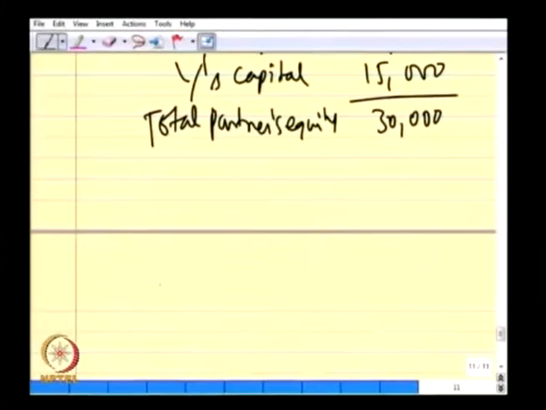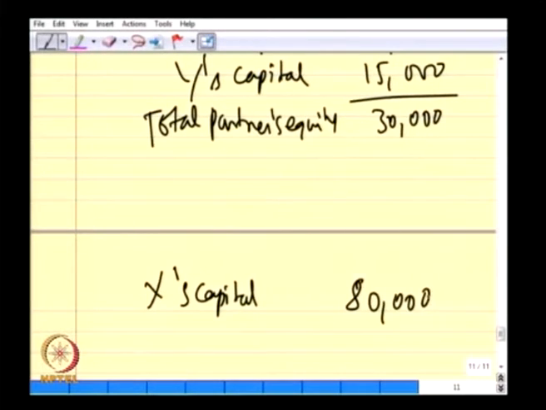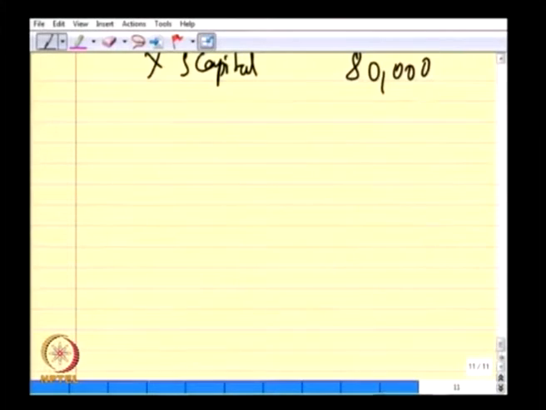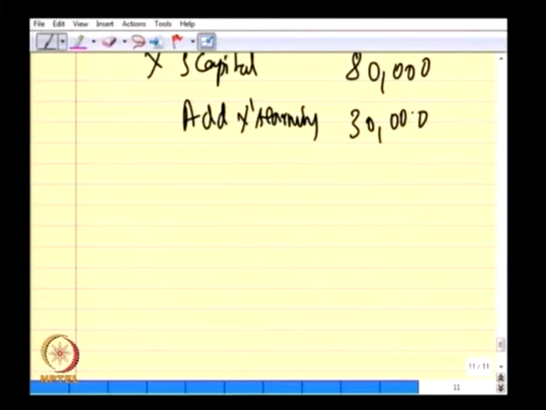Let us say X's capital beginning was 80,000, and from the entity's earnings, the portion that X should get is 35,000. Add X's earnings, and the partner also had some drawings during this period.